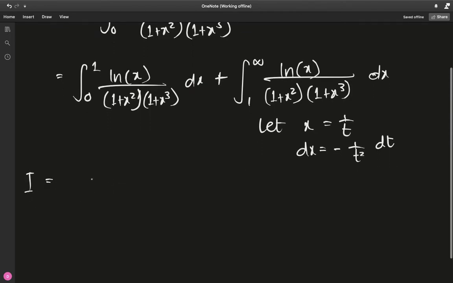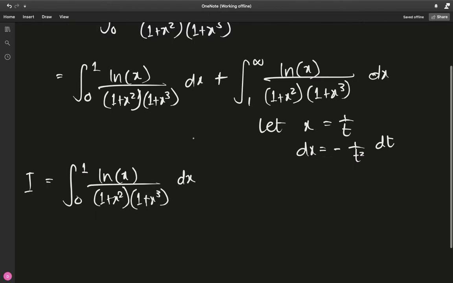So I just becomes the first integral as it is, 0 to 1 natural log of x over 1 plus x squared times 1 plus x cubed dx, plus, for x equals 1, t will be 1, and for x tending to infinity, t will just be 0.